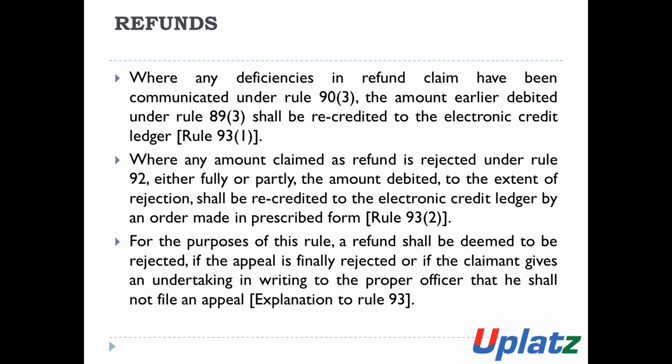For the purpose of this rule, a refund shall be deemed to be rejected if the appeal is finally rejected, or if the claimant gives an undertaking in writing to the proper officer that he shall not file an appeal.